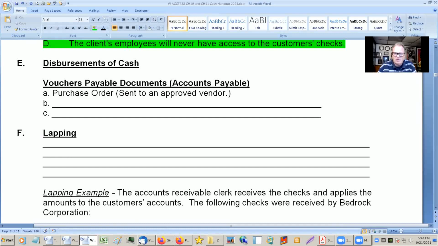So the purchasing department will say, okay, we order from these people. There's usually an agreed upon price on it. Okay, we buy it from these people for this price. Here's the purchase order. And the purchase order should have the price and what the item is and how many they've ordered. So the purchase order is sent to the vendor, whoever they're buying it from.